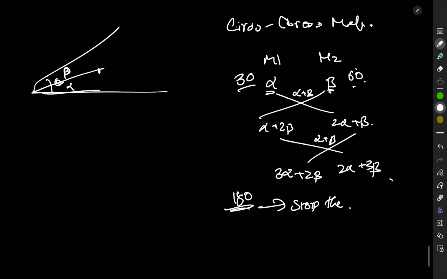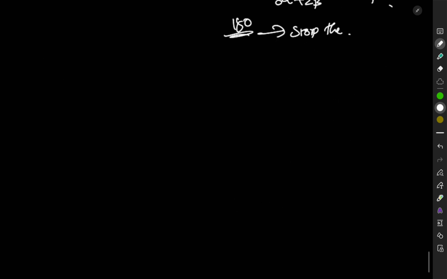Moving further, when the mirrors are kept parallel, how many images will be formed? So this is the object. As you all know, perpendicularly one image will be formed. Here one image will be formed, image 1, image 2, fine.